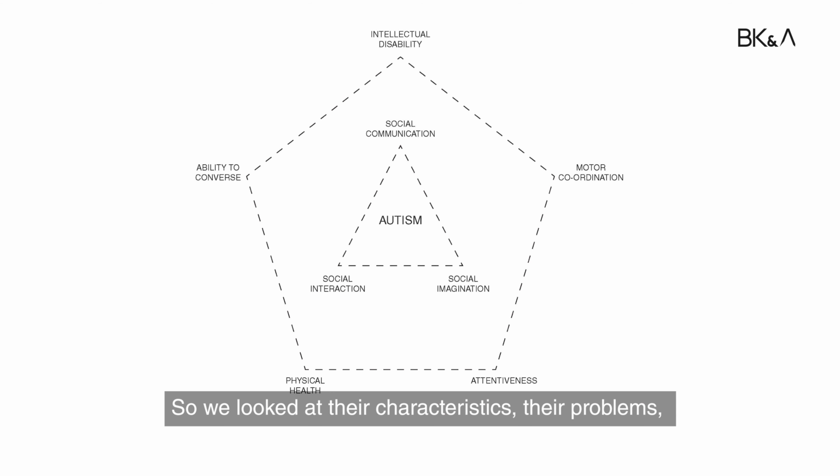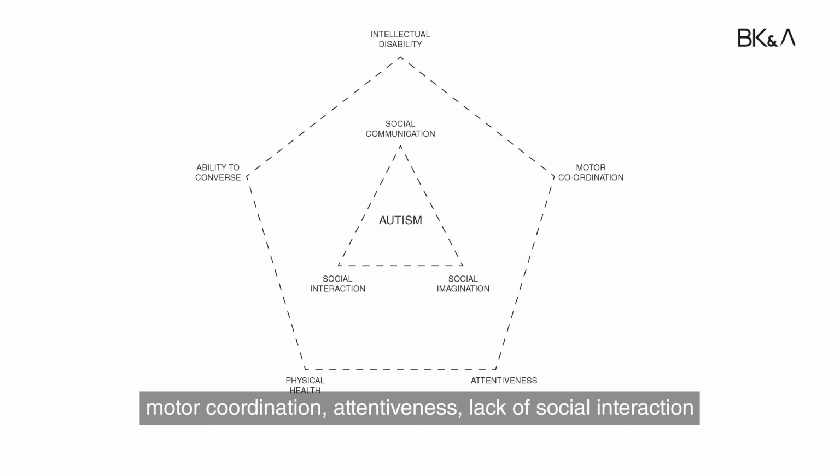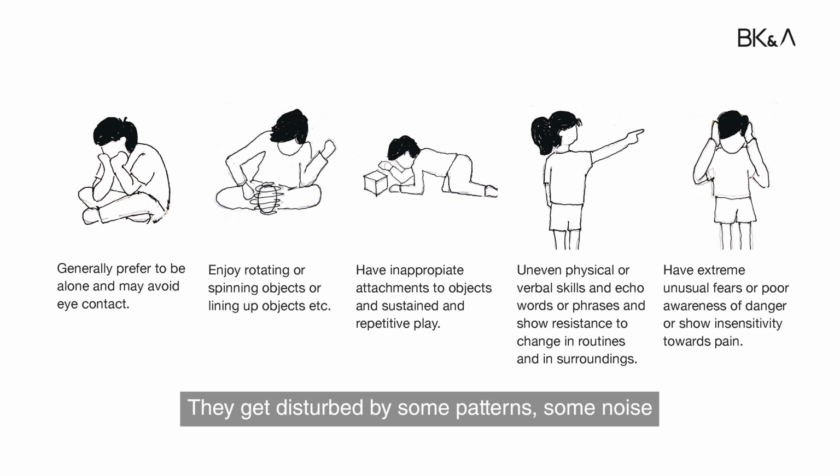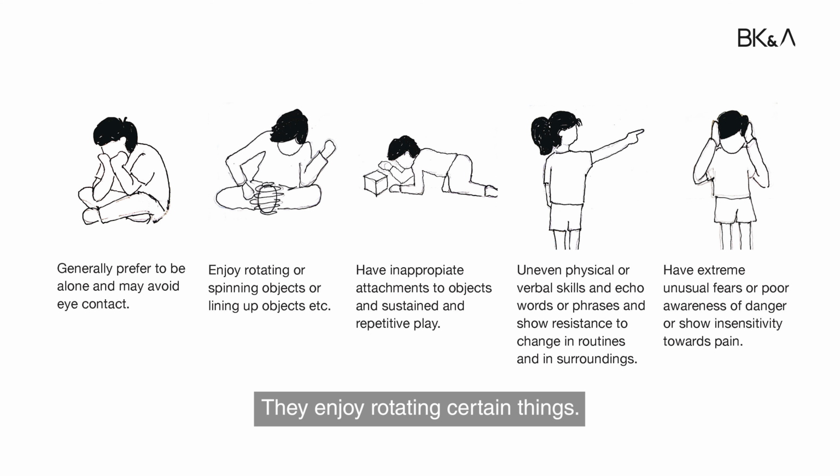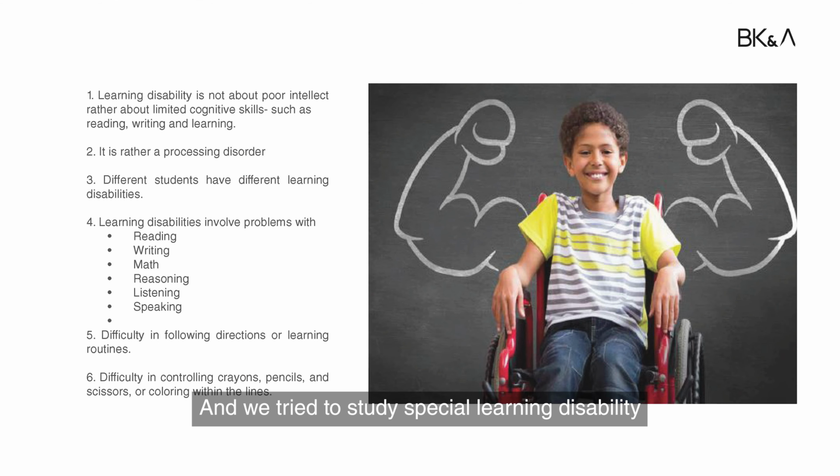So we looked at their characteristics: problems with motor coordination, attentiveness, and lack of social interaction. They get disturbed by some patterns and some noise. They enjoy rotating certain things. So we tried to look into these things.